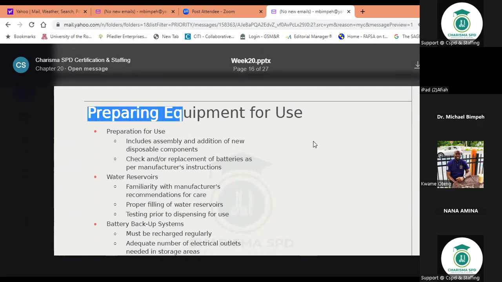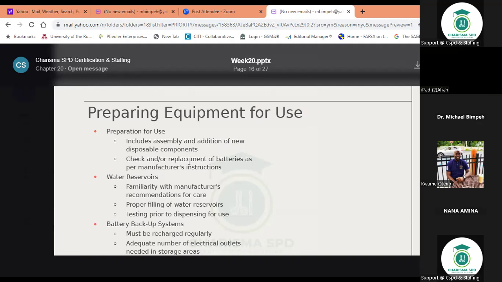Why this slide over here, preparing equipment? Yes, we prepare them so that all the pieces, whatever they need, we attach everything, we add everything as a complete set for them. That's what it means.